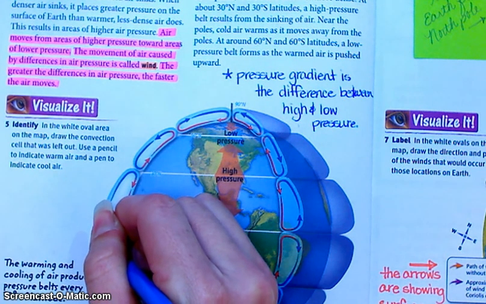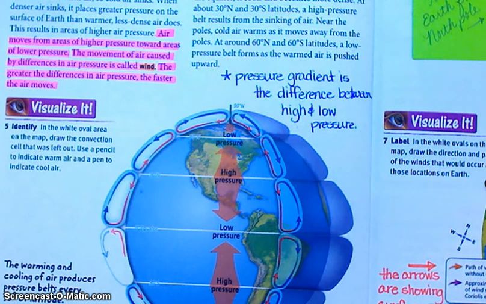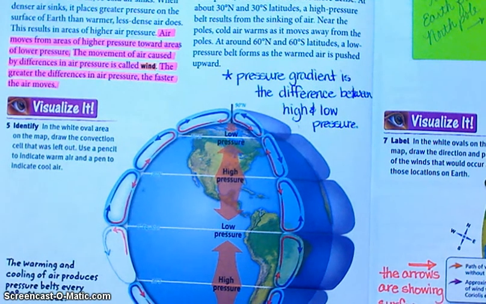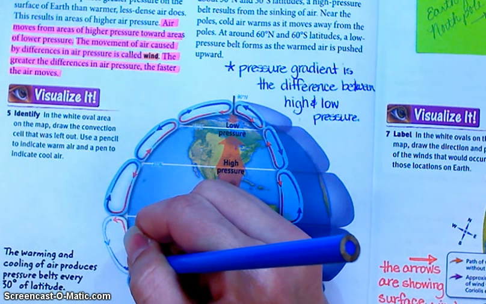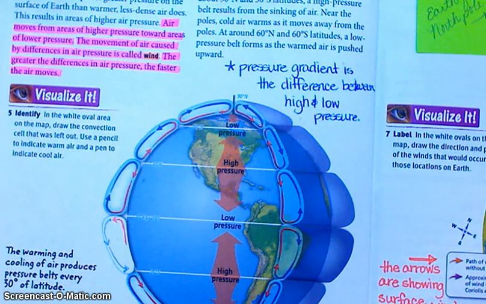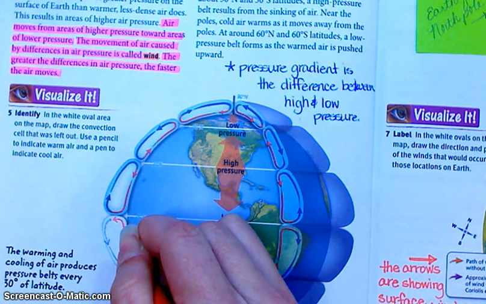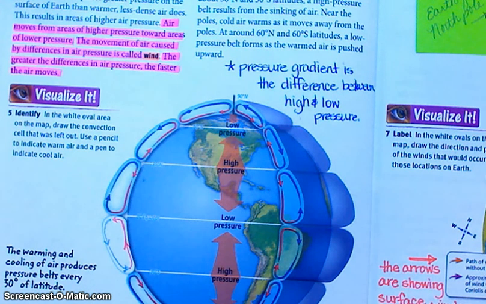And it's going to make its way towards about 30 degrees north or south, depending on which hemisphere you're in. Okay? It's going to eventually sink because it has cooled. It's going to sink at about 30 degrees north or south, like I said. Sink, and then it'll move along the surface back towards the equator. Okay?